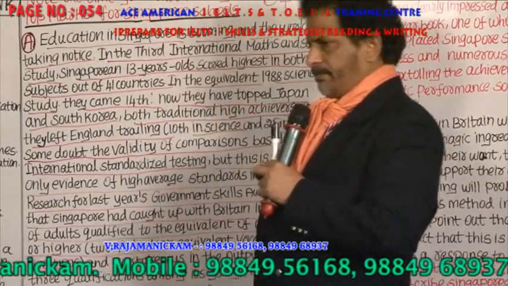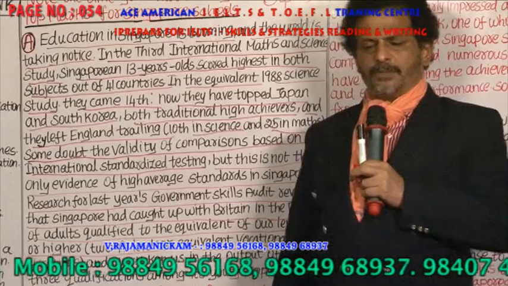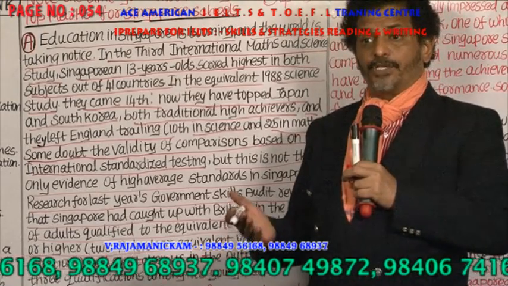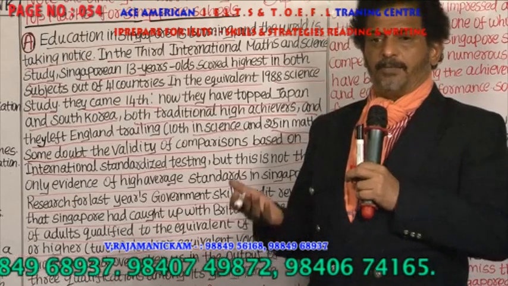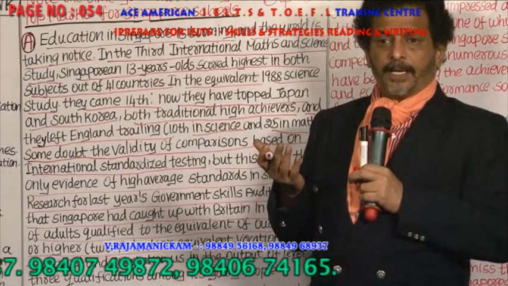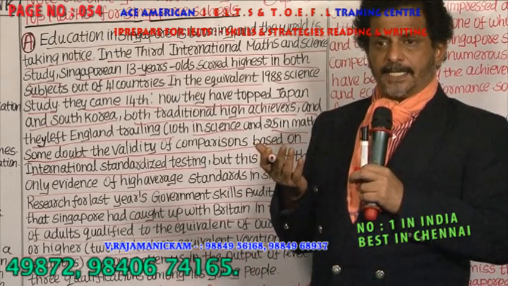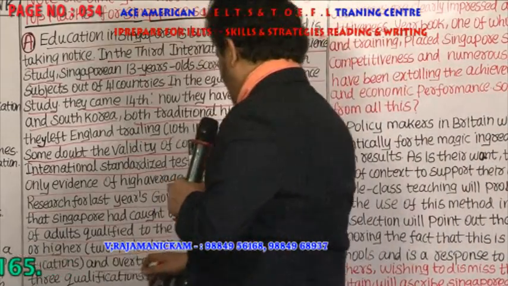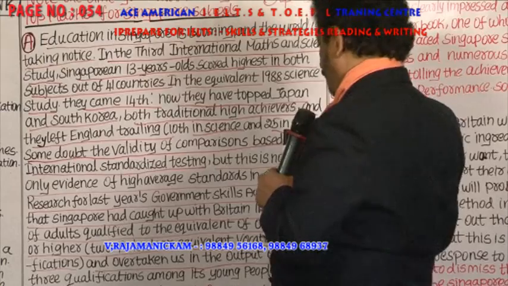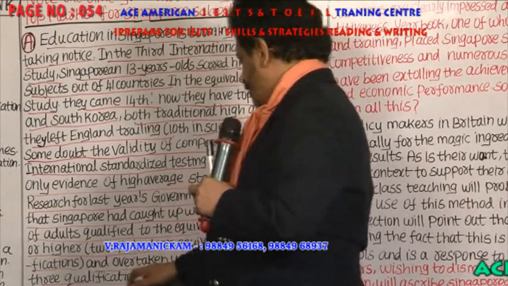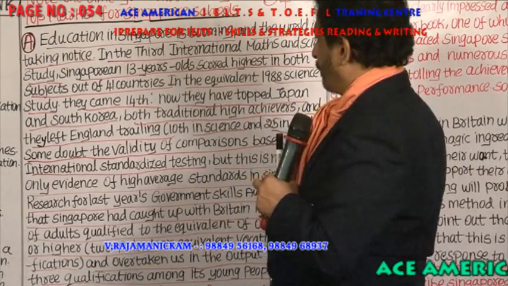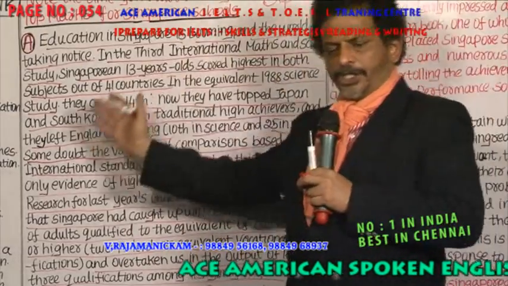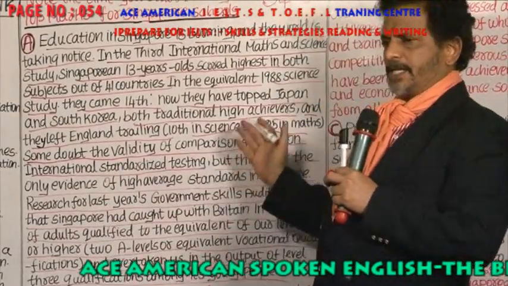Earlier, Britishers were the most highly qualified in the world, but Singapore's average population is able to match up with Britishers at a higher level of learning, and has overtaken us in the output of level 3 qualifications among its young people. So the entire paragraph says education in Singapore is considered to be the best.